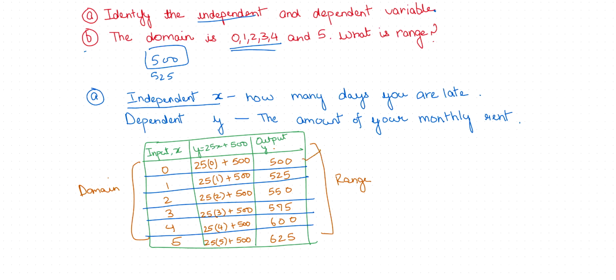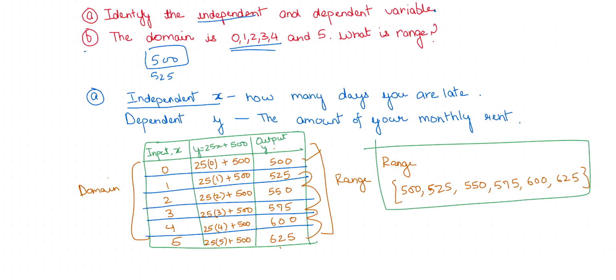Then it keeps on increasing by $25 with each day we are late. And if we are 5 days late, then we have to pay $625. We have to pay 125 as a fine or penalty. So this is the range: 500, 525, 550, 575, 600, and 625.